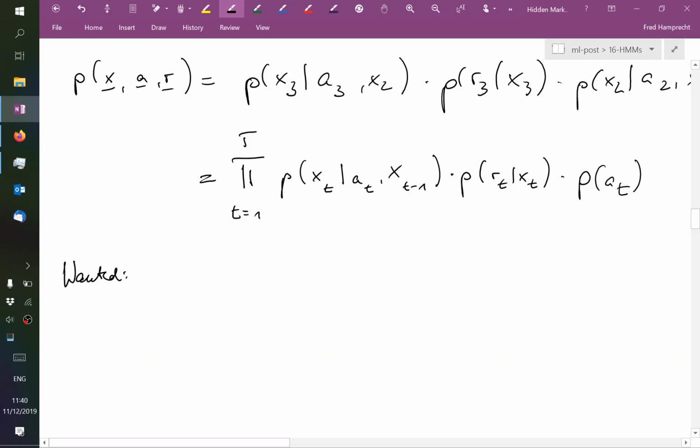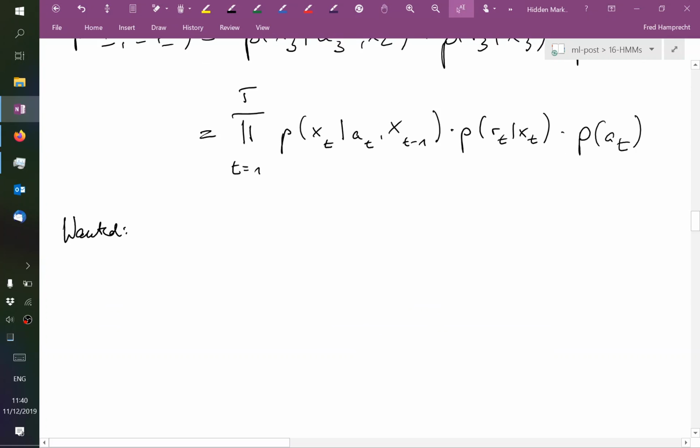There are two typical questions that you can ask. You may be interested in the probability of xt given all actions from the very first to the last, and all sensor readings from the first to the last. Note I write a small t here, that's the present time, and 1 to capital T means all times, even the future ones, when I have a recording.